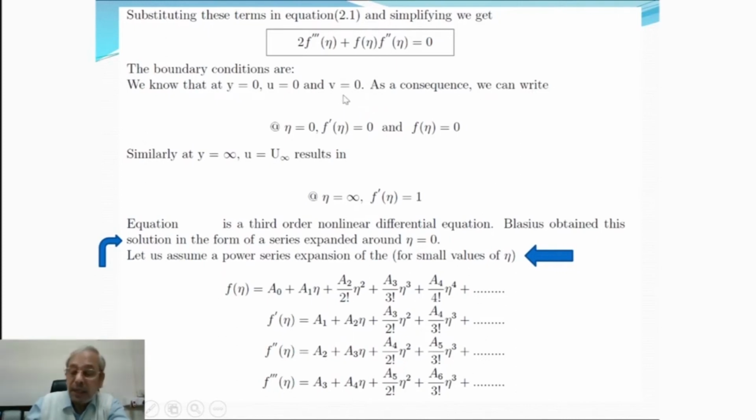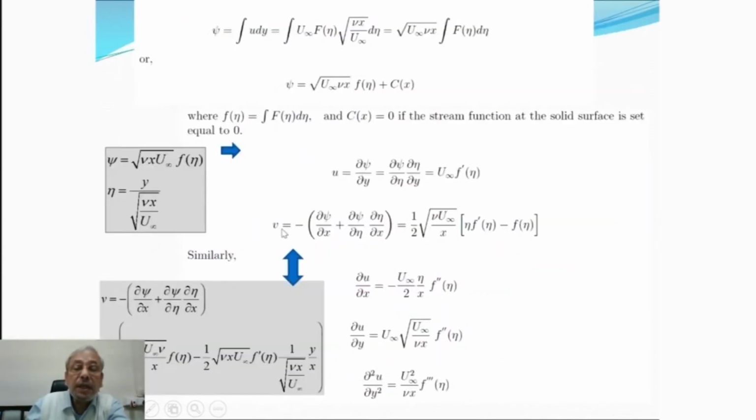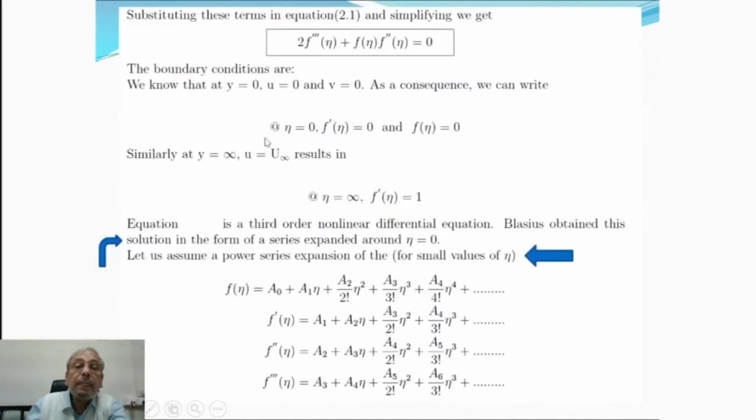If we substitute here, for y equal to 0, that means eta equal to 0, we will get, at eta equal to 0, f prime eta equal to 0.